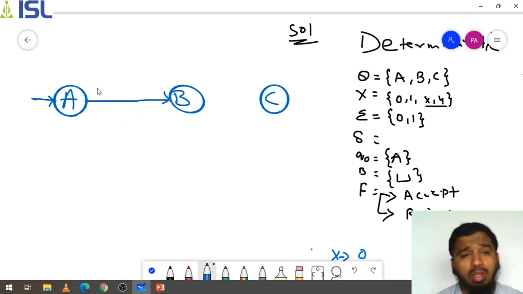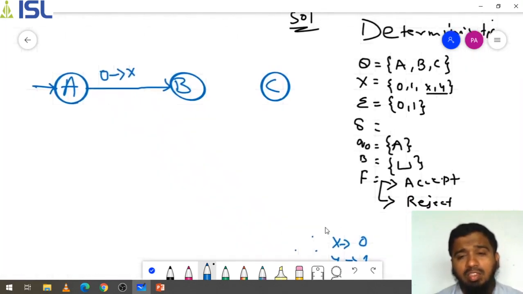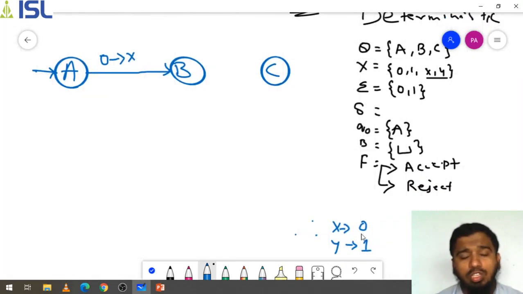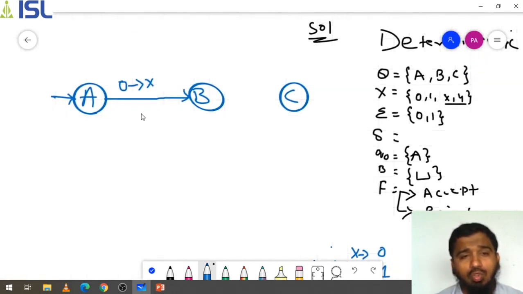So, in A, when A is 0, arrow mark, this is x. That means, as I told you, x is 0, y is 1. So, wherever the 0 is there, the value should be put in x and it should move to right. Okay.